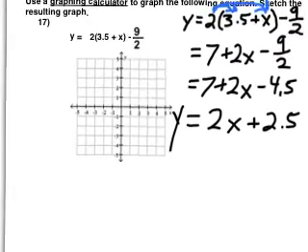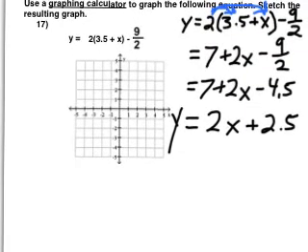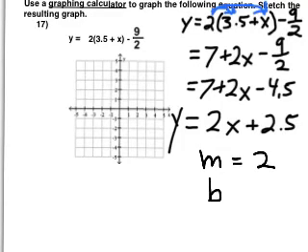Okay, m equals 2, m is slope, b, our y-intercept, is 2.5. So we just need to locate these two numbers. Locate the 2.5. 2.5 is right around there. So I'd do this with the stylus. And then we count up 2.5 and then over 1.